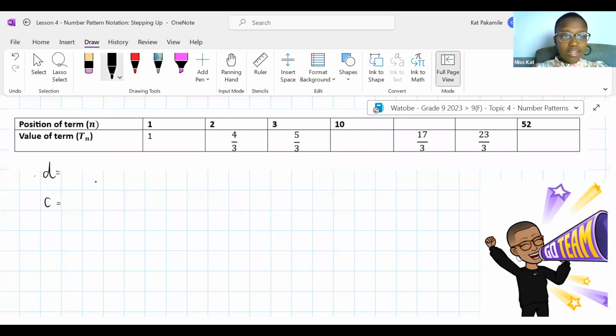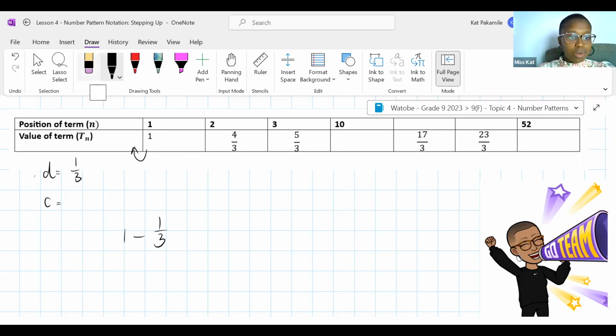It's 1/3. Okay, the difference is 1/3. You have C. It's 1/3. That was D though. So what's C? Remember, C is the term that would come before this one. So you have to say 1 minus 1/3.